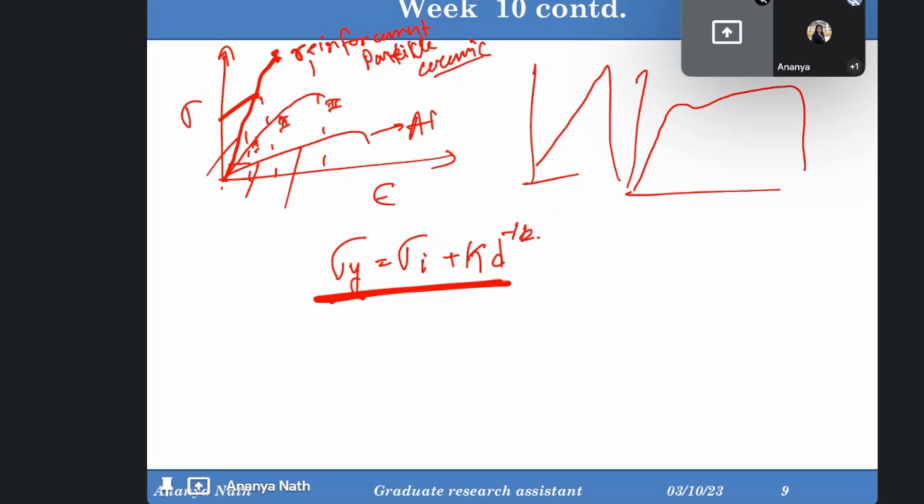So work hardening can be done if there is plastic deformation, then the dislocation will increase, and it's clearly seen in various pictures that wherever the reinforcement particles sit, the dislocation density in the interface is always high at the interfaces.